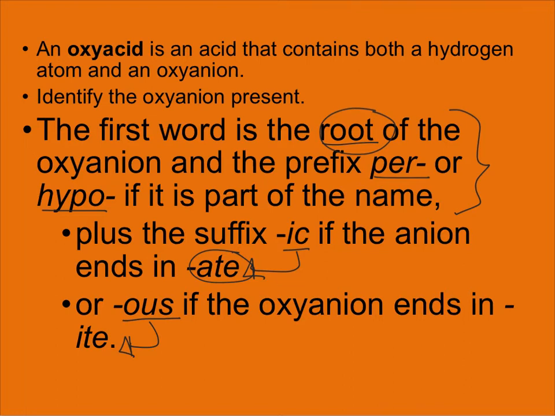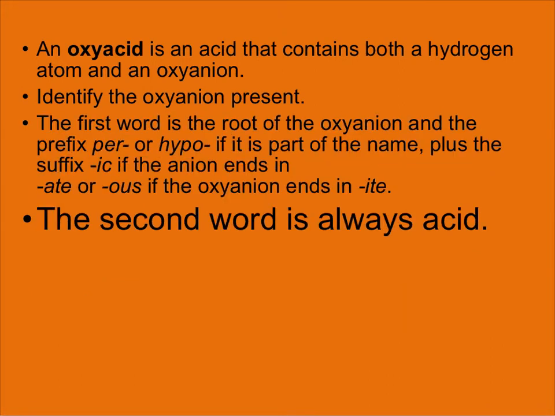So if it was chlorite, you would change it to chlorous. If it's chlorate, you will make it chloric. Then the second word is going to be acid. So you can have hypochlorous acid.